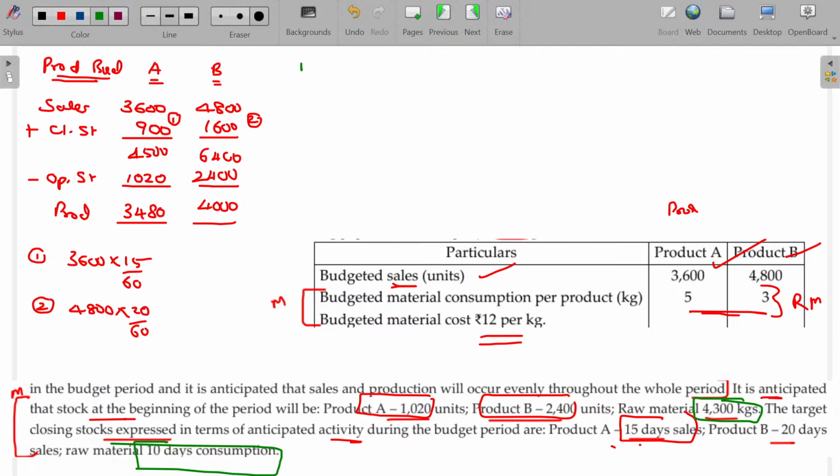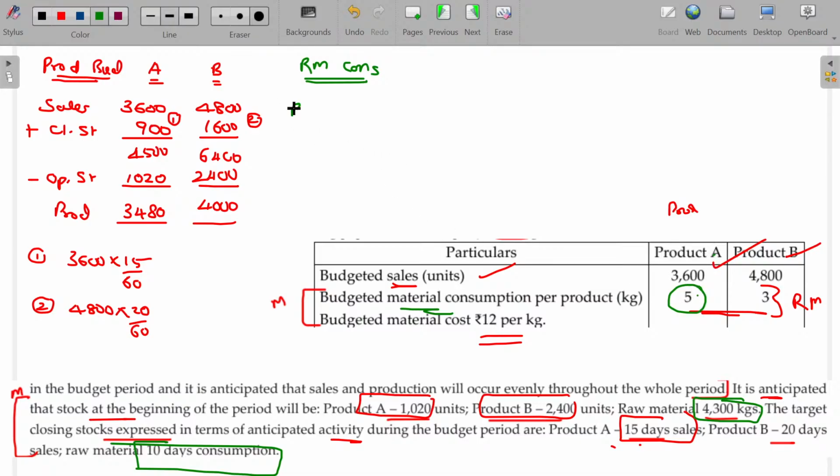But consumption details can be calculated. How? Raw material consumption. How will you be able to calculate the raw material consumption? So, budgeted material consumption per product being 5. Whatever the units you produce for that A, producing A, every unit requires 5.